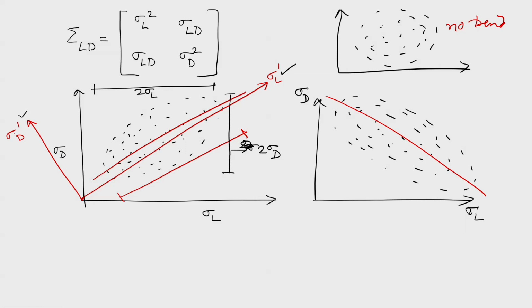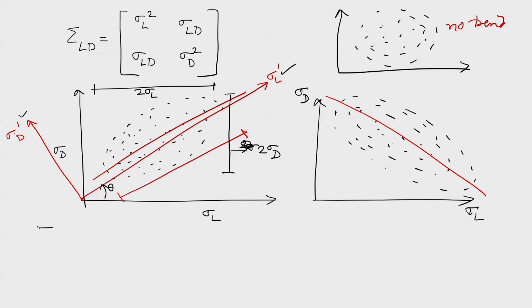And that is the principal component analysis, which says let us preserve the variances. So, what does it mean? If I do some kind of rotation theta to the axes sigma L and sigma D, such that they become uncorrelated, what is the meaning here?